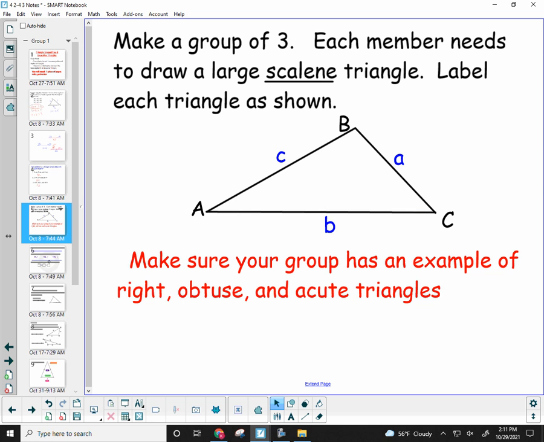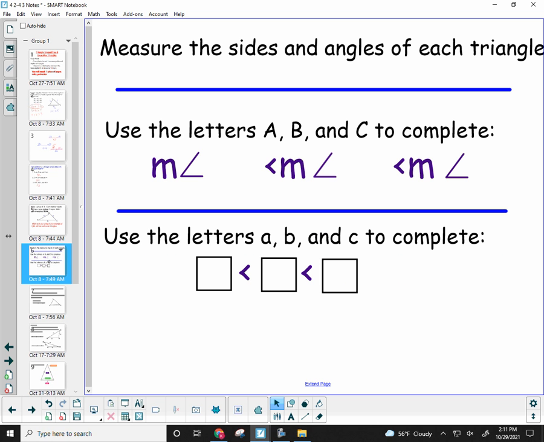All right, now what I want you to do, I want you to measure all of your sides and angles. Okay, measure your sides in centimeters, and go ahead and just label it right on your triangle. So measure all your sides and angles. Well, you should only have one triangle.